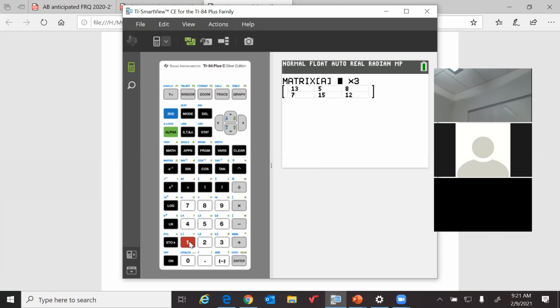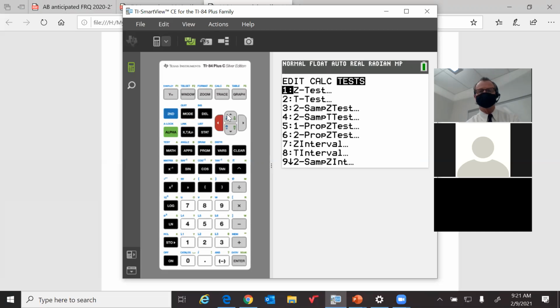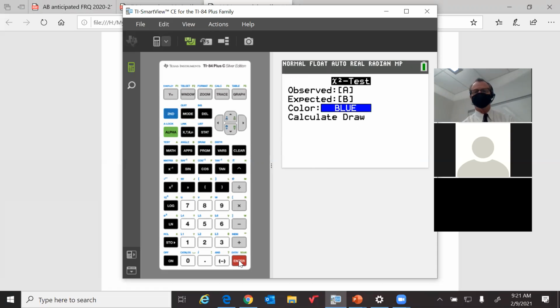Now, this is what's really helpful. Everybody done? Type them in. Second quit. Stat. Test. Everybody's got this. Chi-square test. You click on that, which is really cool.